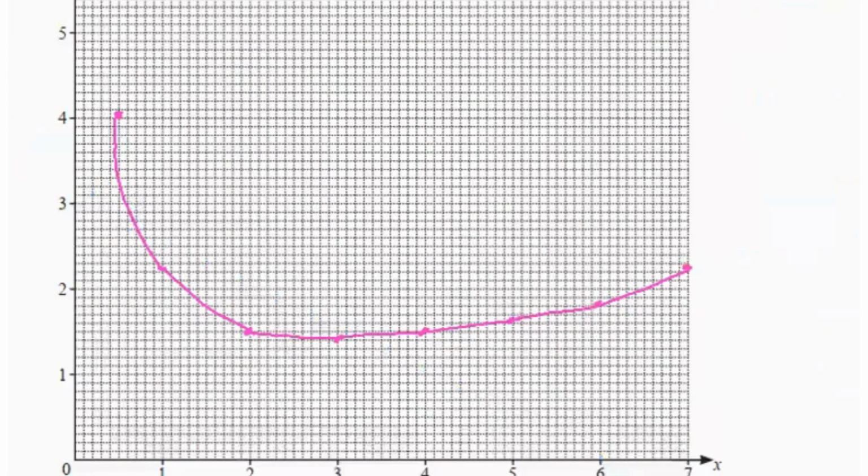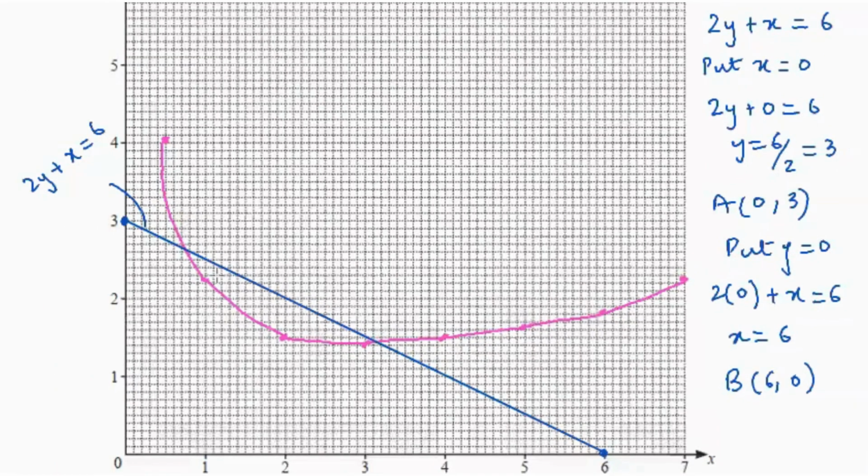So let's go back to the graph. Points of intersection are these points over here, this and this. So one x coordinate is 0.7 and the other is 3.2. These are the x coordinates for the points of intersection between the curve and the line.